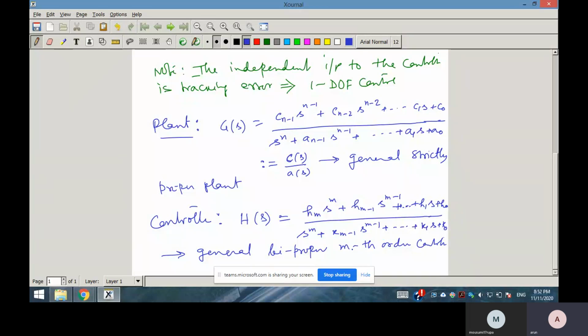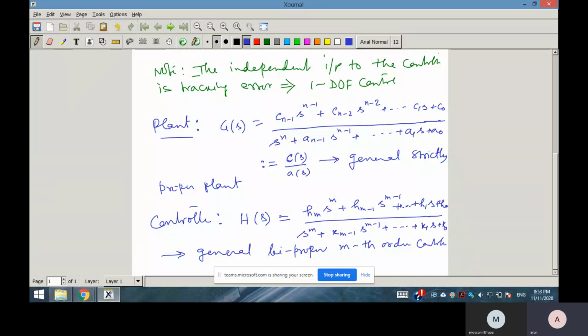So the controller can be made biproper so as to have the maximum number of tunable variables. For an mth order controller, how many tunable gains do you have? In the numerator m plus 1, and in the denominator m. So 2m plus 1. If it is a first order controller, then there will be three control gains.